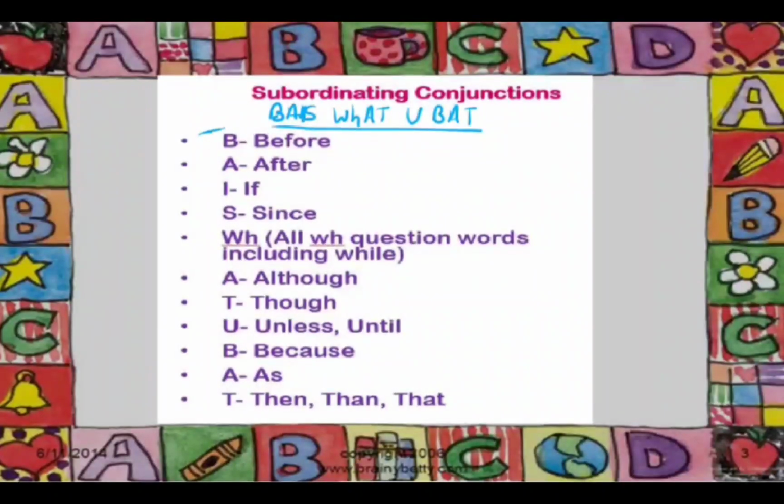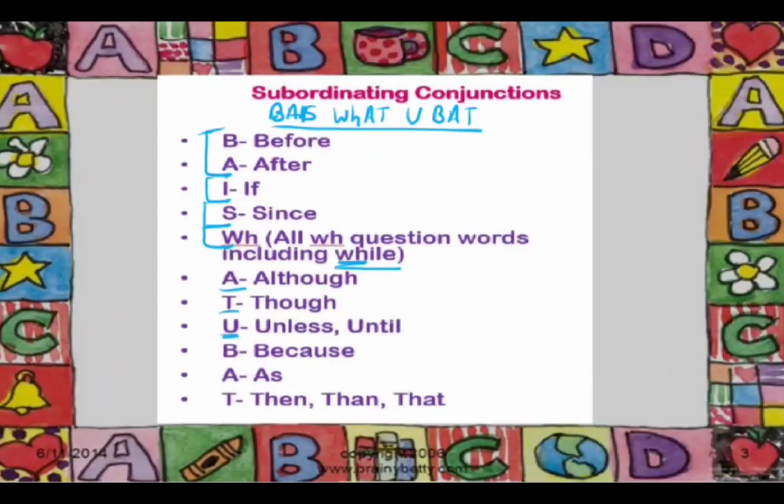B and A stand for before and after. If, since, WH will have all the WH words or question words like who, when, which, where, why, etc. Even how, and one more addition, while. Okay. Then we have although, though.